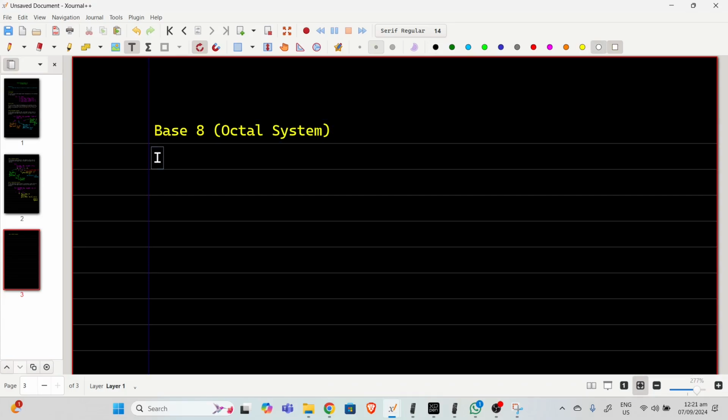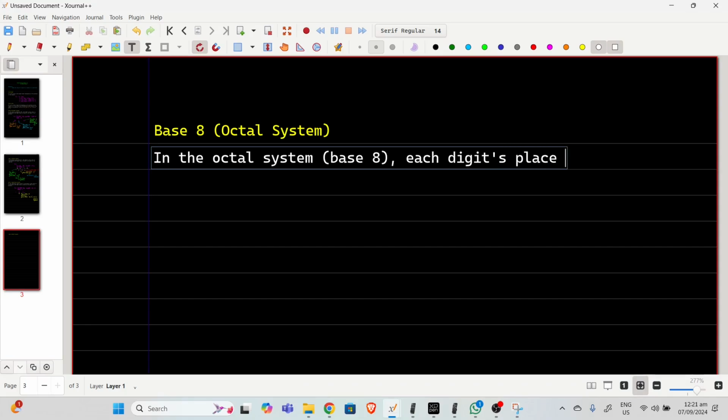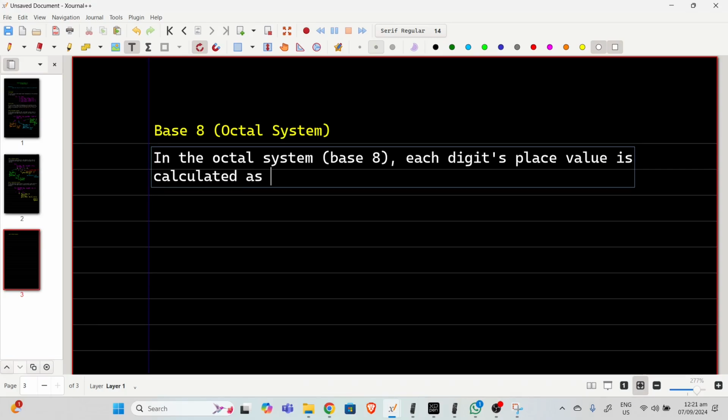So in the octal system or base 8 system, each digit's place value is calculated as the digit times 8 raised to the power of its position.